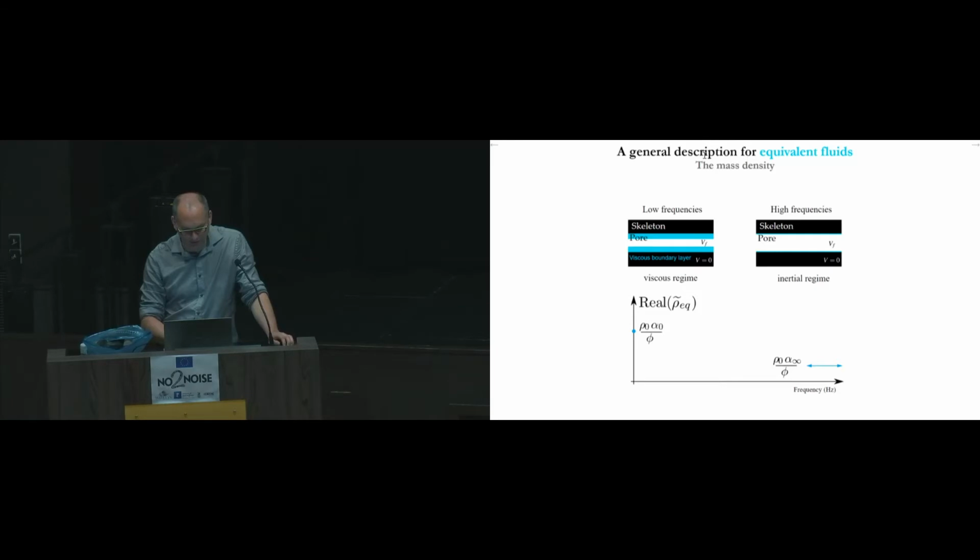So for the mass density, rho tilde, we know that at low frequencies we have a viscous regime. So we have large viscous boundary layers. But we know also that we have a velocity in the skeleton which is 0.